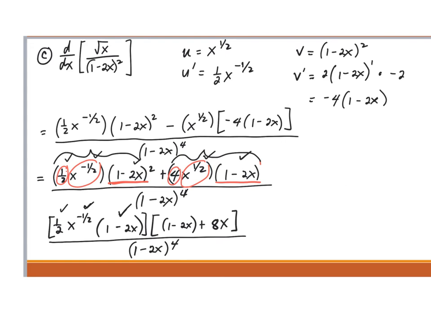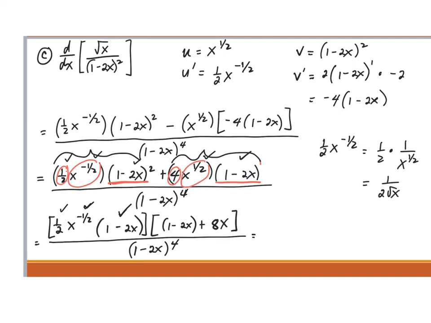So now we actually have this much simpler expression. And remember that 1/2 x to the negative 1/2 is like 1/2 times 1 over x to the power of positive 1/2, which is 1 over 2 root x.